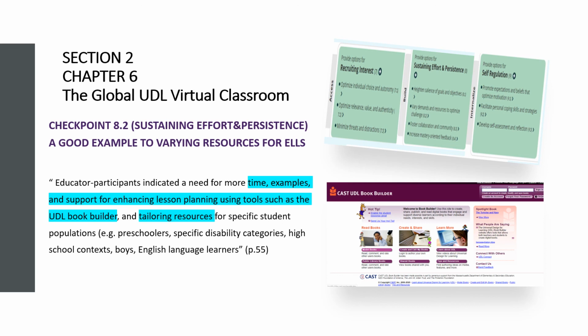Varying resources and demands optimizes challenge, and otherwise the English language learners may lose their motivation or may not get motivated at all. So these are just some examples.